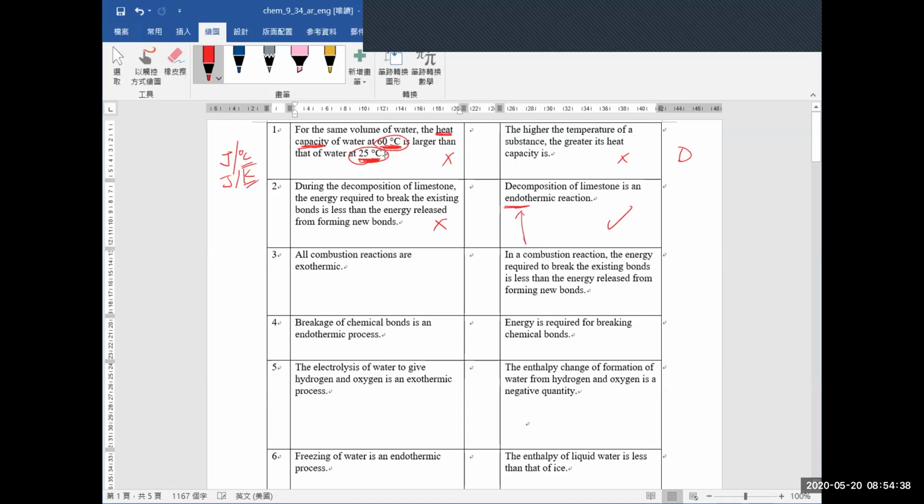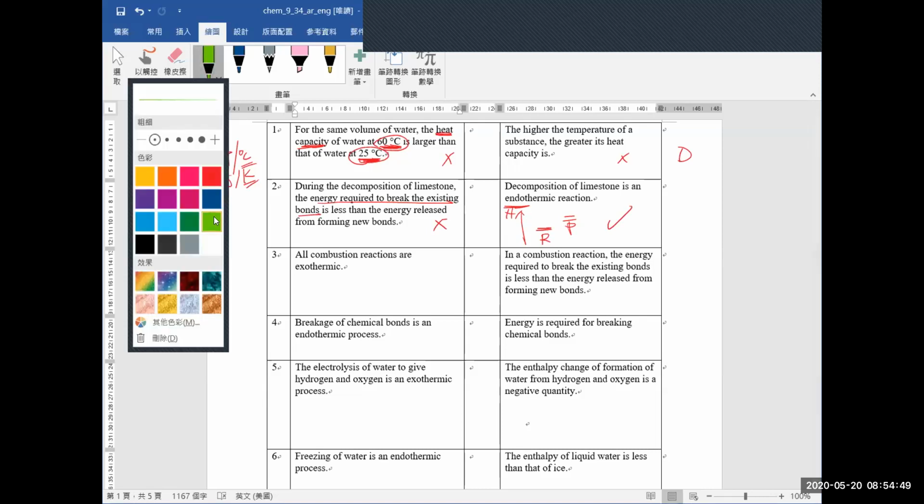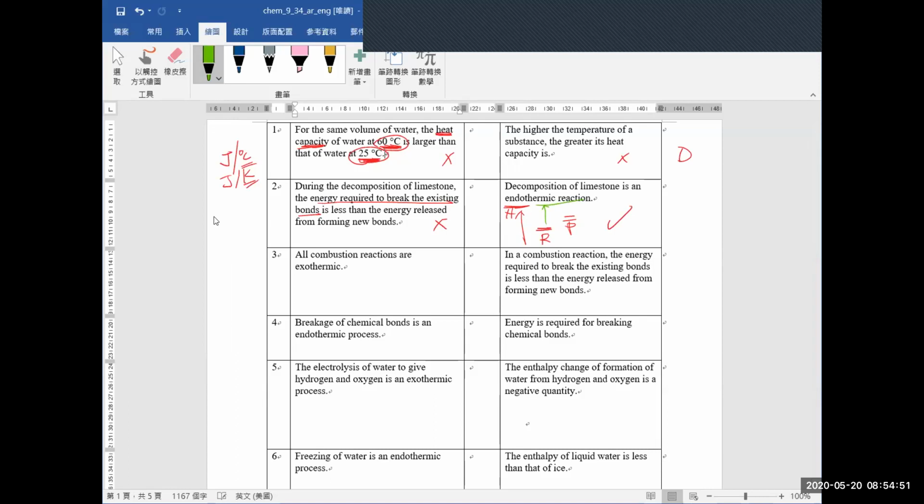On the enthalpy level diagram, we have got reactant and product. The energy required to break the existing bond, you may imagine the breaking bond like this, and then it's less than the energy released from forming new bonds. So we have got energy released by formation of bonds.